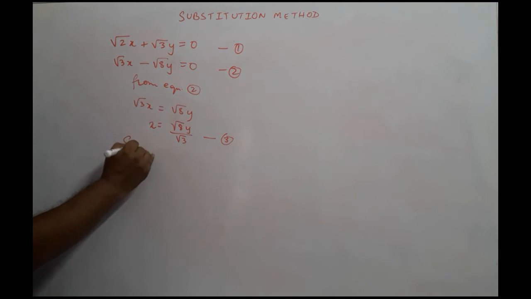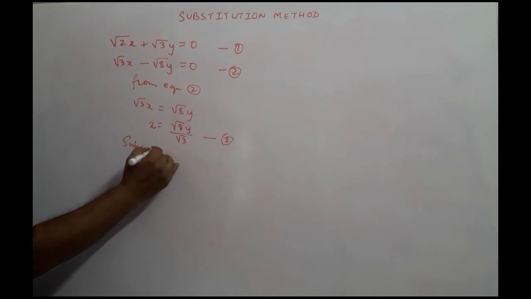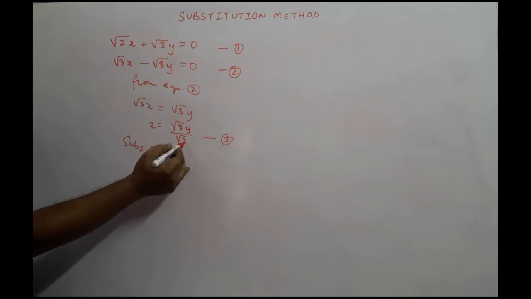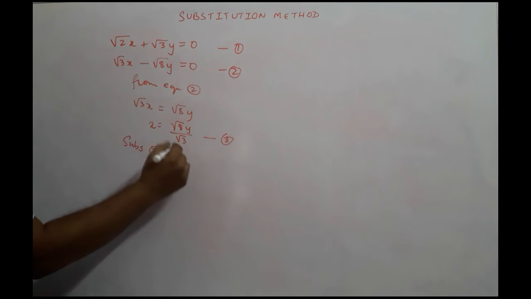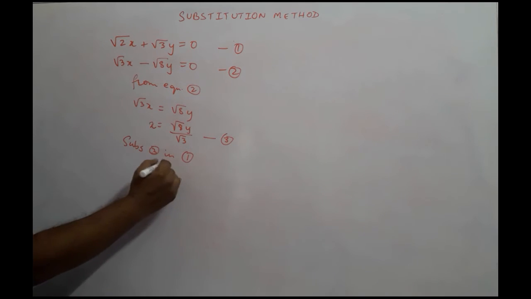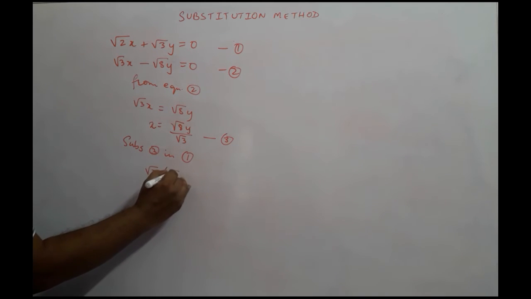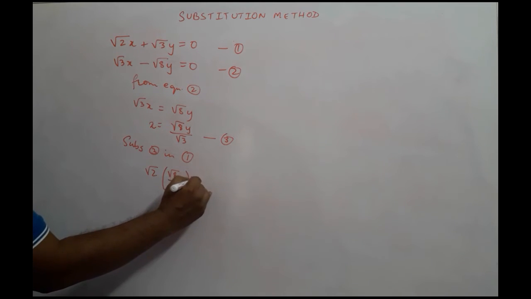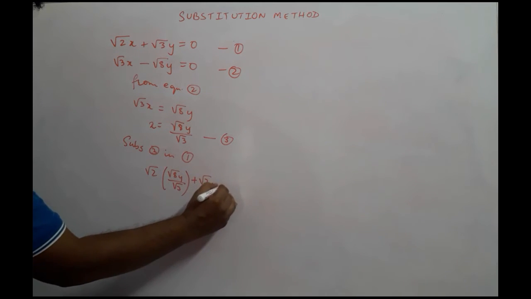Now we substitute 3 in 1, because we got equation 3 from equation 2. So now we substitute in equation 1 and see what we get. Root 2, instead of x we put root 8y upon root 3, plus root 3y equal to 0.